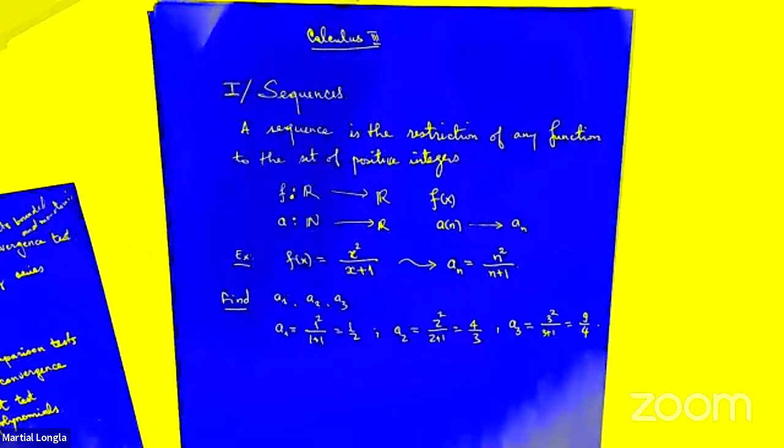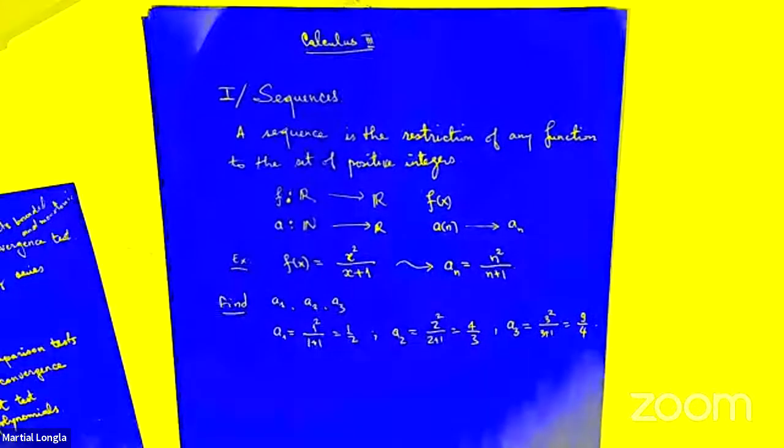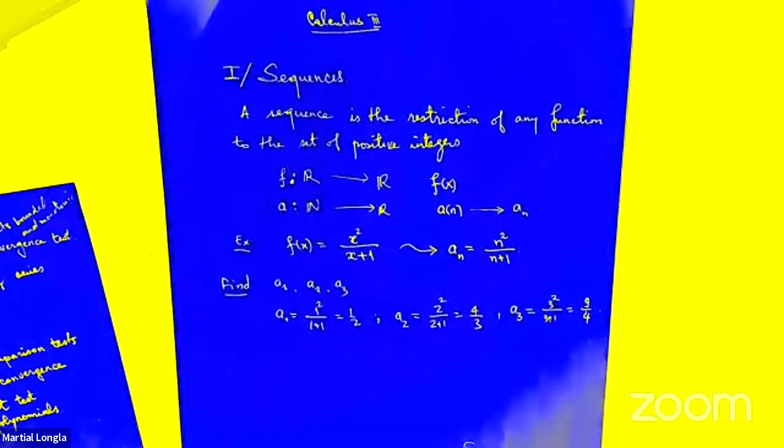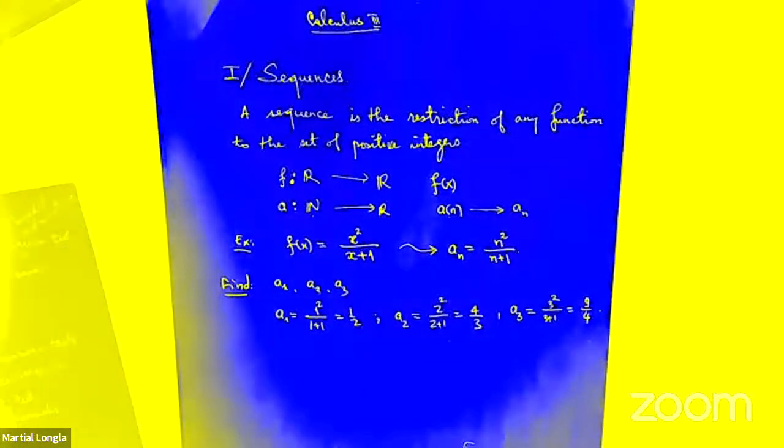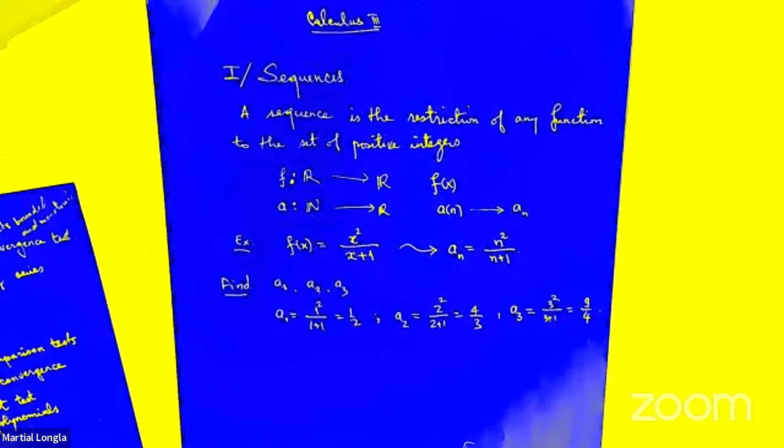The other way the sequence could be defined is what they call recursively. So you have a recurrence relationship between the terms of the sequence. Instead of giving you a formula for an, they give you a relationship between an minus 1, an, and an plus 1.